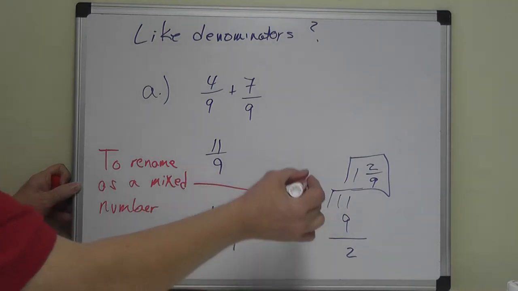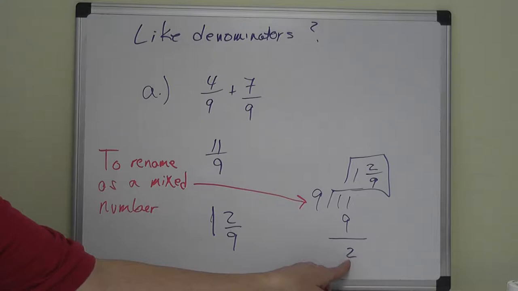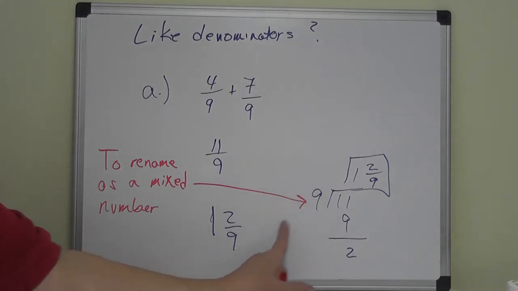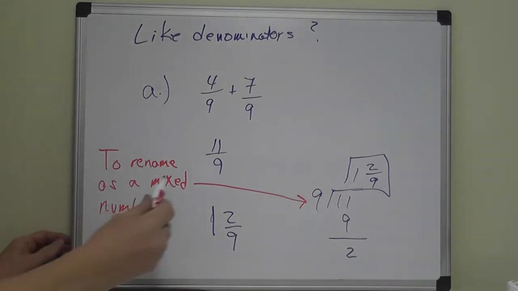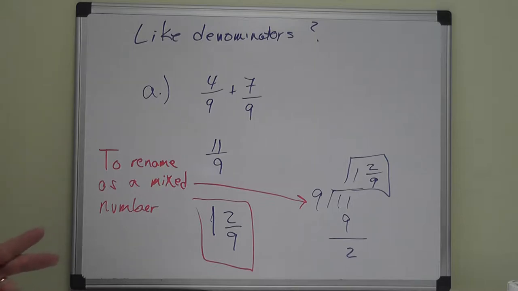That's where you're going to do your long division. And you take the divisor, you take the remainder, and that becomes the numerator of the fractional part of your mixed number. The divisor is the denominator. So this should be nothing more than pure review for you, 100% review.